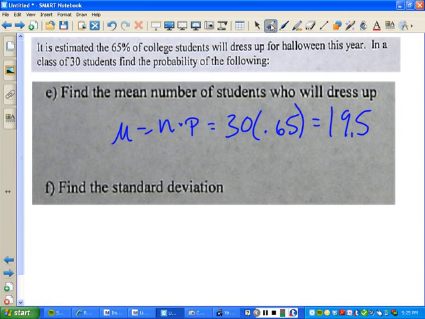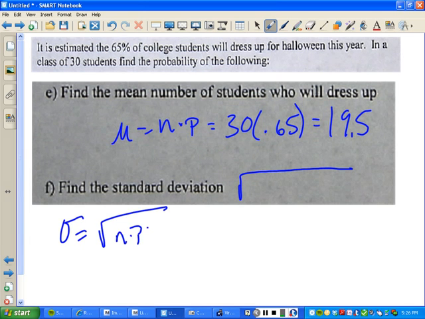Now you're going to take the square root. You see, the standard deviation is equal to the square root of n times p times q, right? So the square root of n times p times q is the square root of 30 times 0.65 times 0.35.